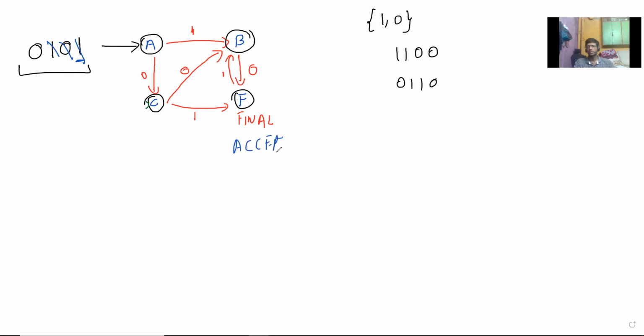You see what happened. The entire word was read and you ended up in the final, accepting state. After the entire word was read, on the last letter you went to the final state. So this way we say that this word, or this number, is accepted.